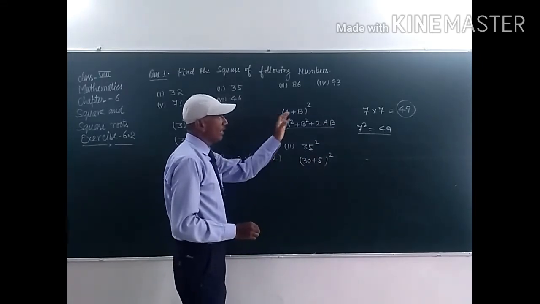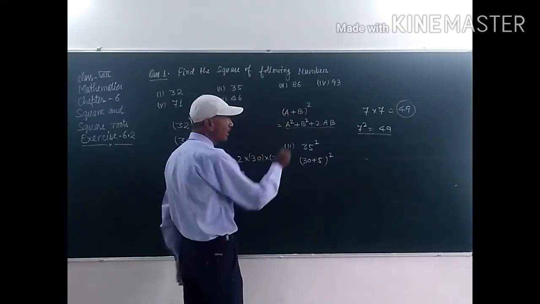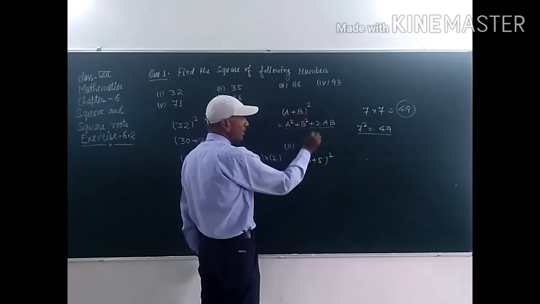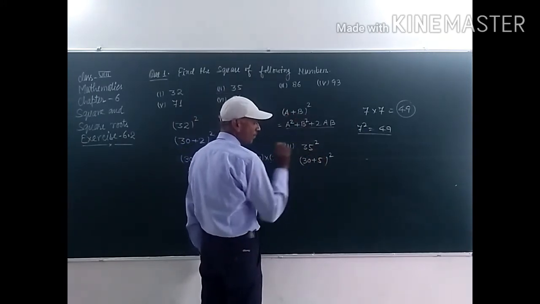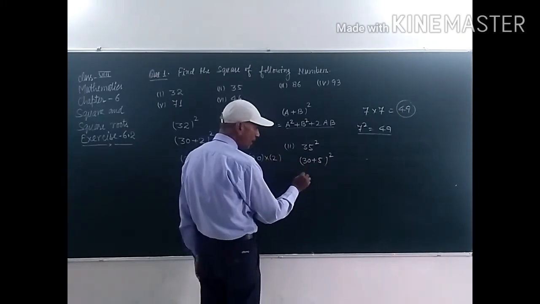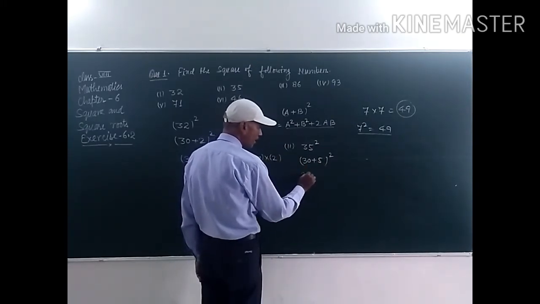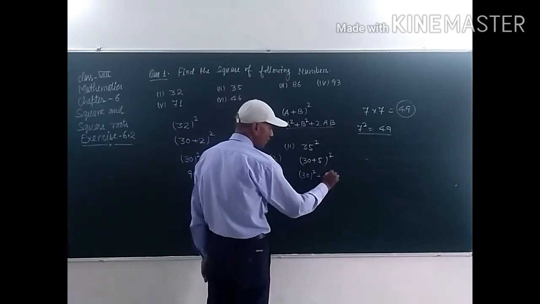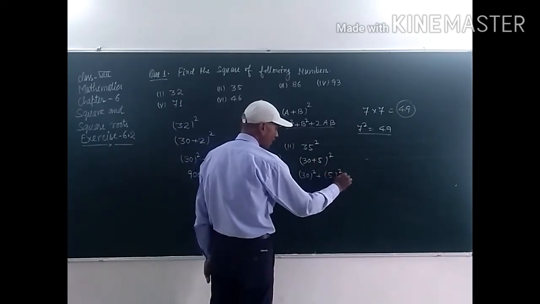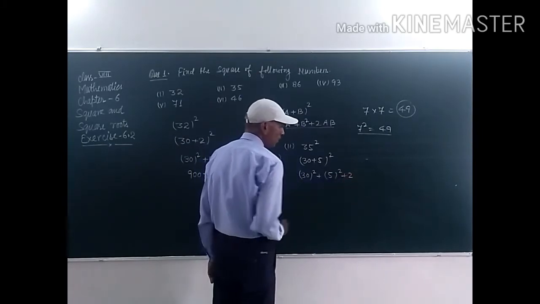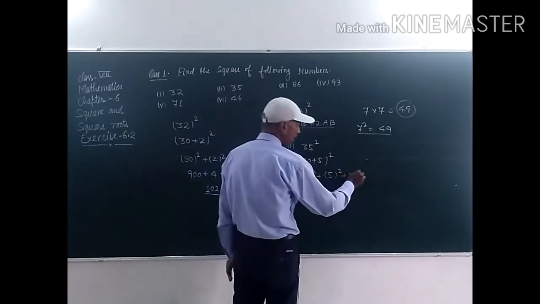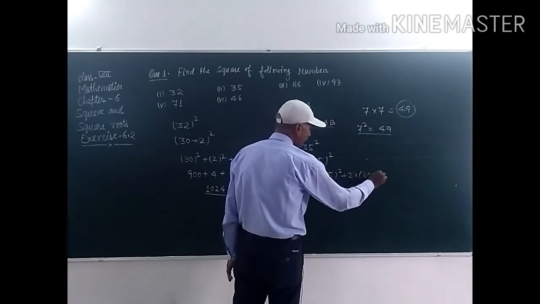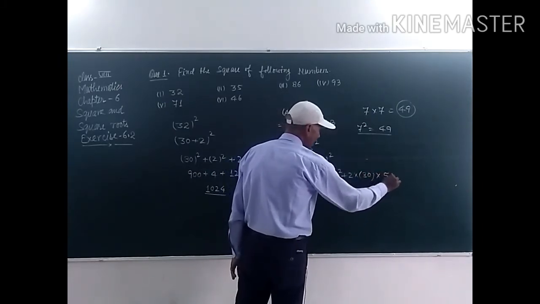Using the formula a plus b whole square, in place of a there is 30 and in place of b there is 5. So a square means 30 square, plus b square means 5 square, plus 2ab, where a is 30 and b is 5.